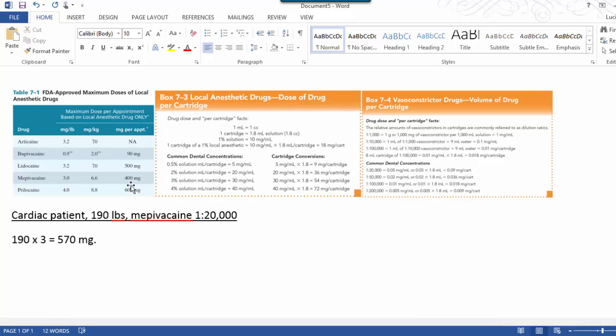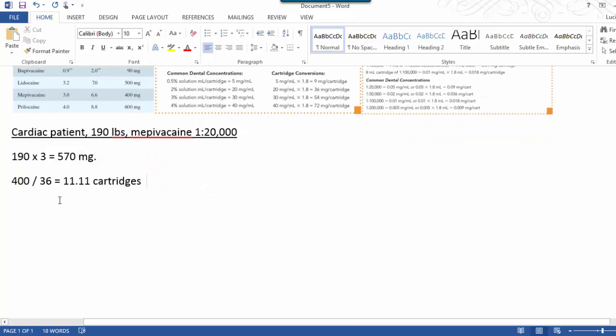But how many carpules is that? So 400 divided by 36, because mepivacaine is 2% carbocaine, so it's 36 milligrams per cartridge, and that gives you 11.11 cartridges. But calculate for the vasoconstrictor.